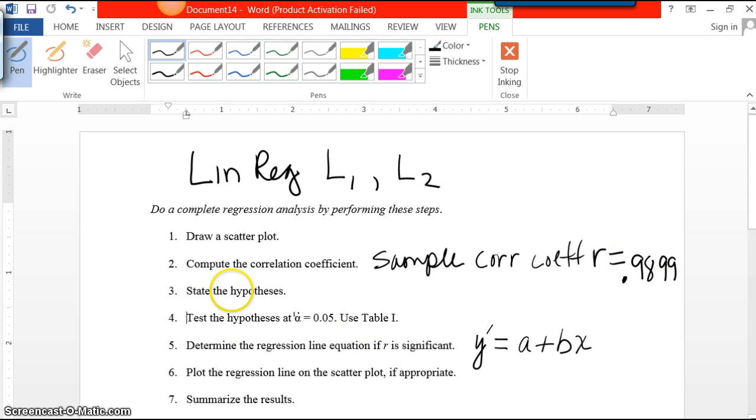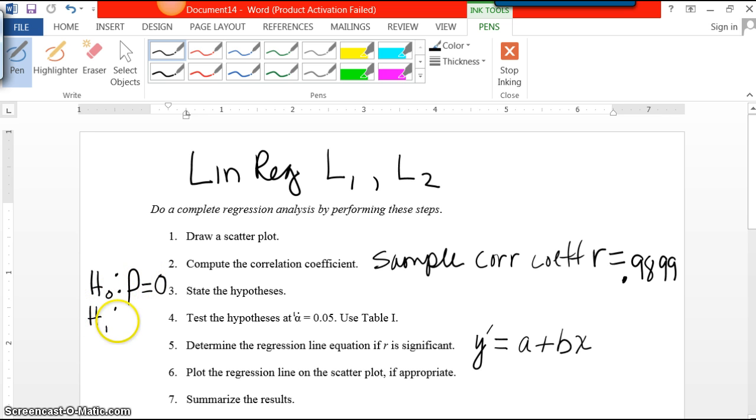They want us then to test whether this correlation coefficient is significant by testing whether the population correlation coefficient. So a little hypothesis test, it will always look the same. The null hypothesis will be rho equal to 0. That's a Greek letter rho.